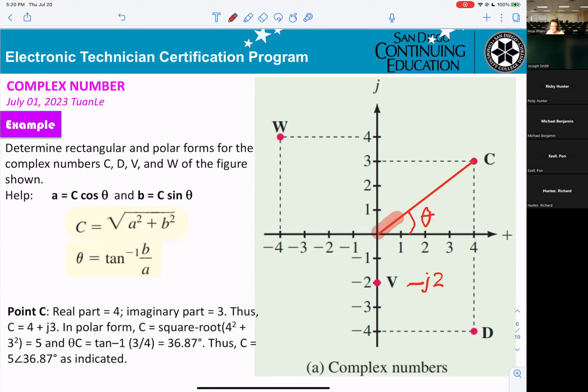How about polar? Who can tell me the polar form for V?